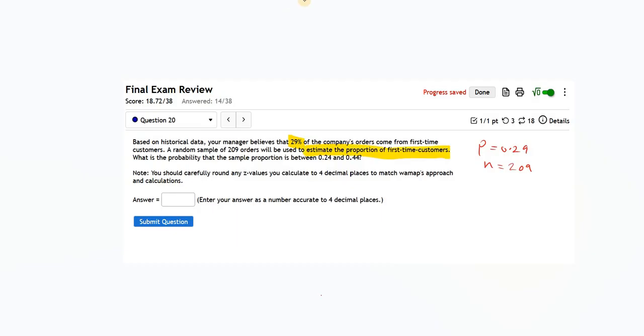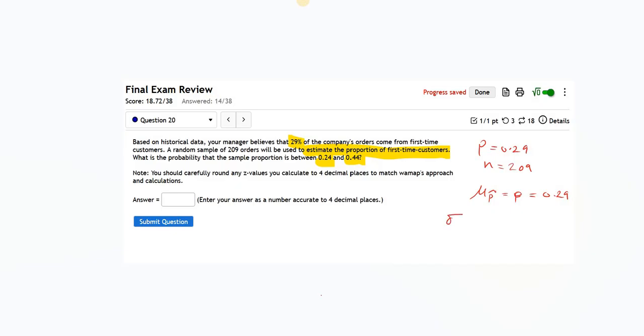What is the probability that the sample proportion is between 0.24 and 0.44? So this is the sampling distribution of sample proportion. The first step is to find the mean of the sampling distribution of sample proportion, which is the population proportion, so that is 0.29.